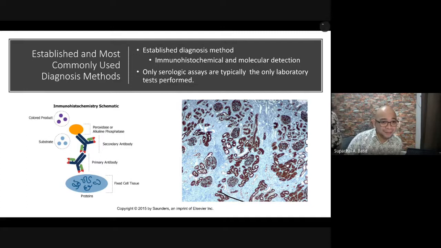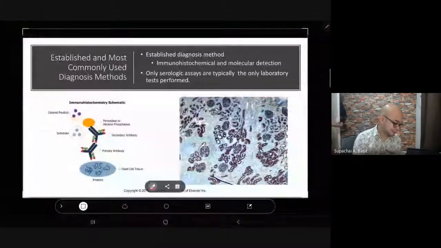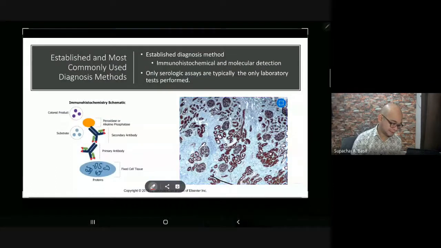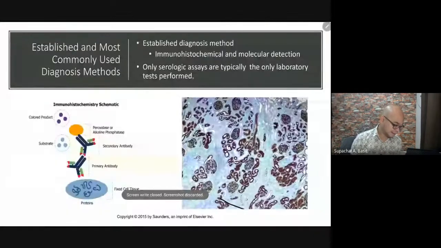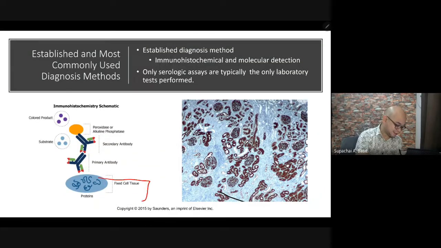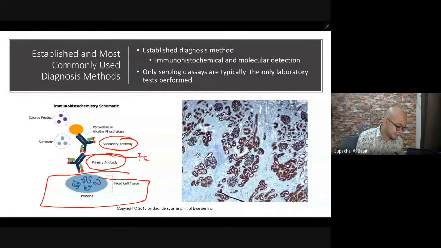In immunohistochemistry, the fixed cell tissue is expected to have proteins to which the primary antibody will bind, and then the secondary antibody will bind at the Fc portion of the primary antibody. The secondary antibody contains an enzyme, so it is enzyme-linked.